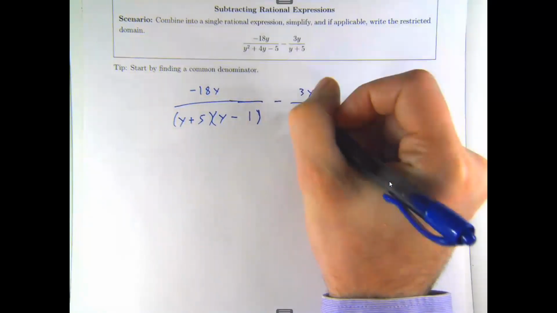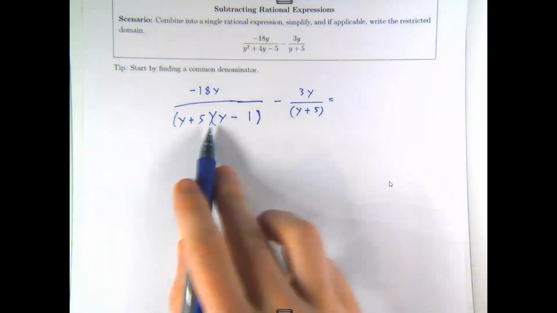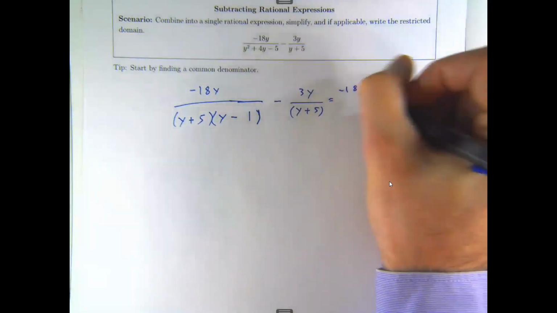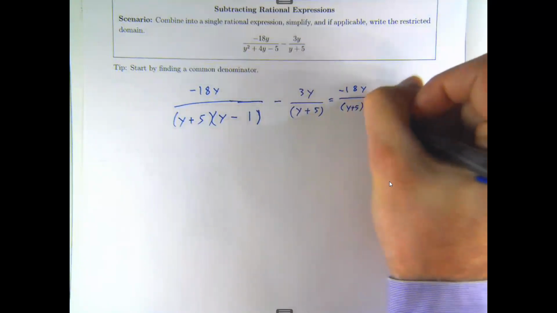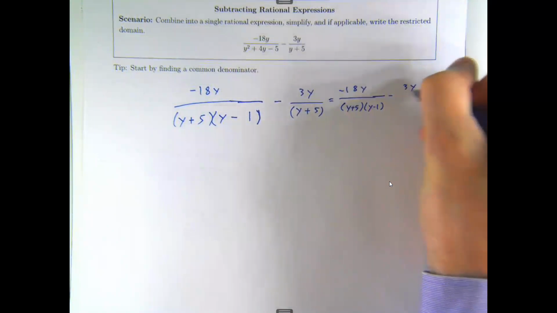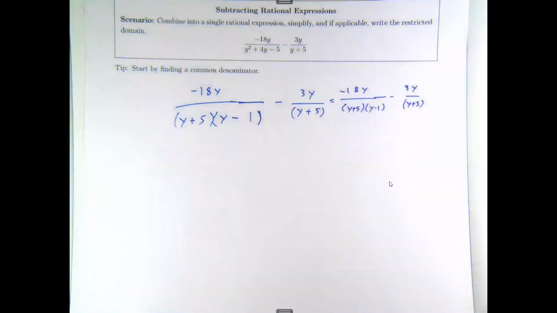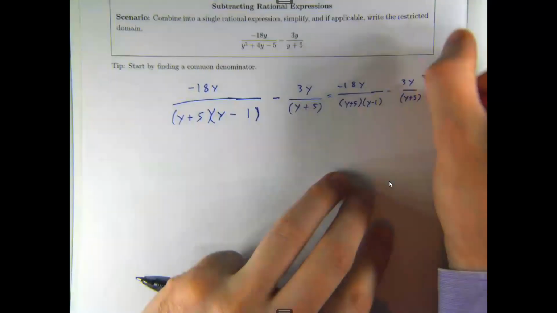Now the second component already has this y plus 5 piece, and what it's missing is this y minus 1. So I am going to multiply the top and bottom of that second fraction, which has the y plus 5, by y minus 1.